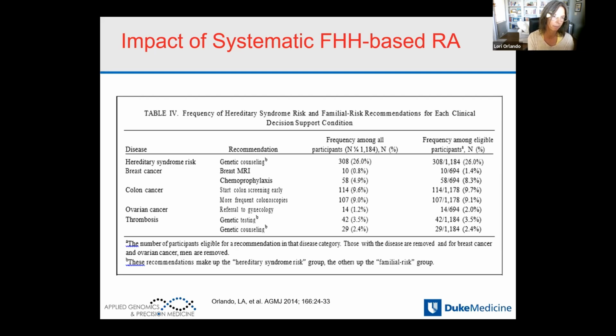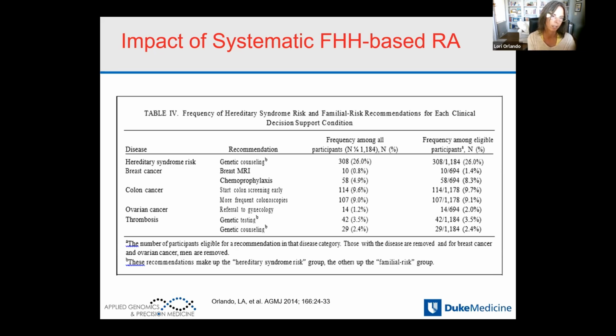They completed the family history risk assessment, and then we looked at how many people met criteria for these different types of interventions that would change how their preventative care or surveillance was being performed. And 26% of them actually met criteria for some sort of hereditary syndrome risk and should have seen a genetic counselor to discuss that risk and whether testing was appropriate for them.